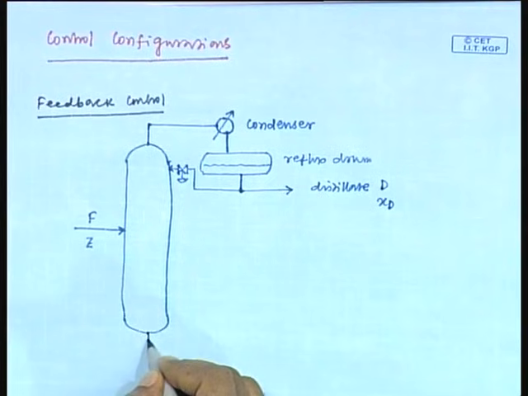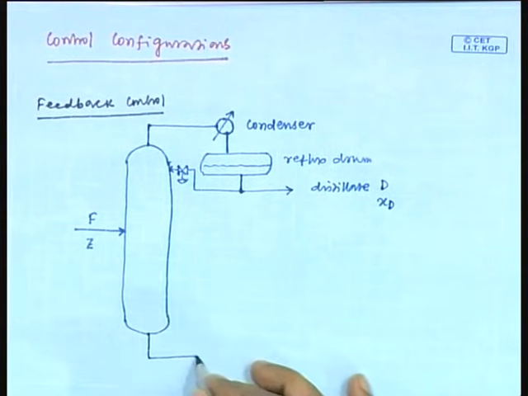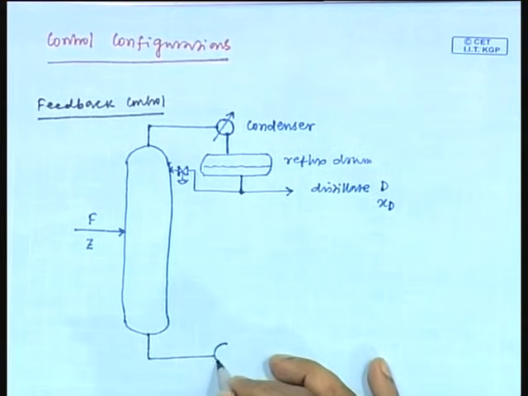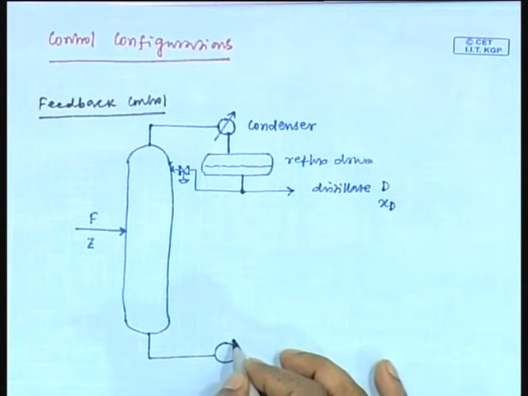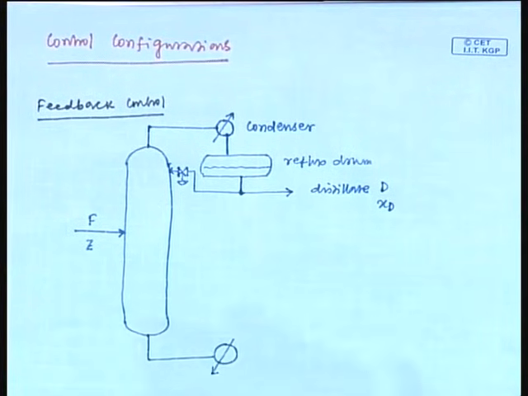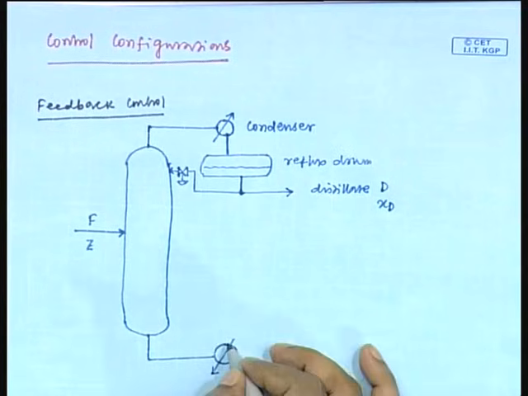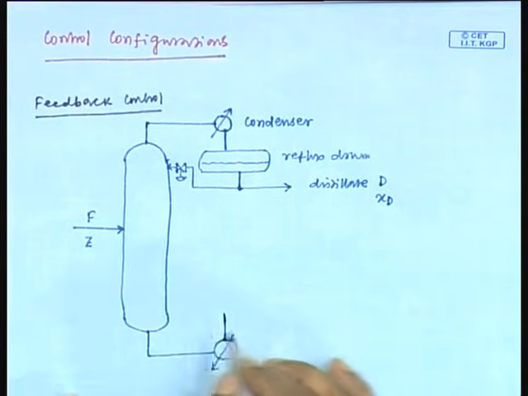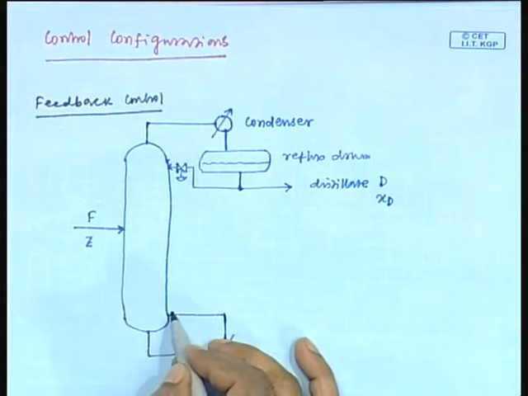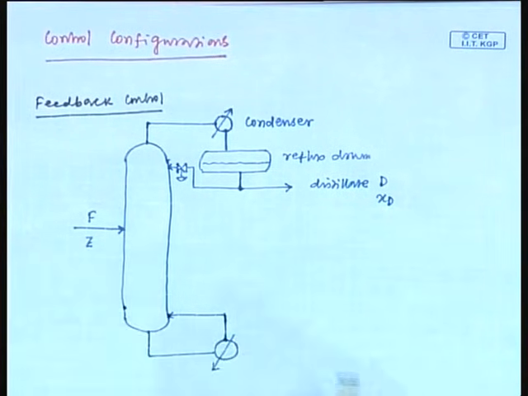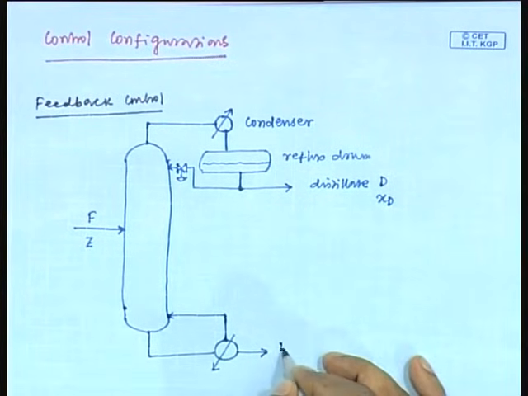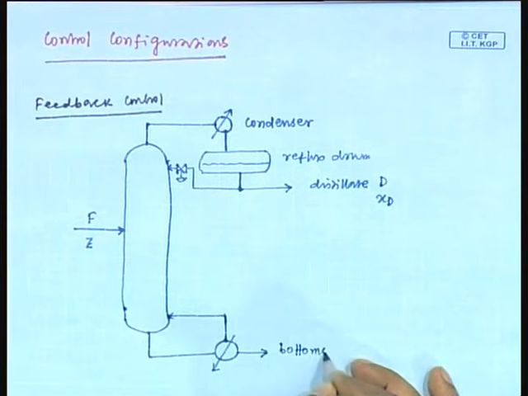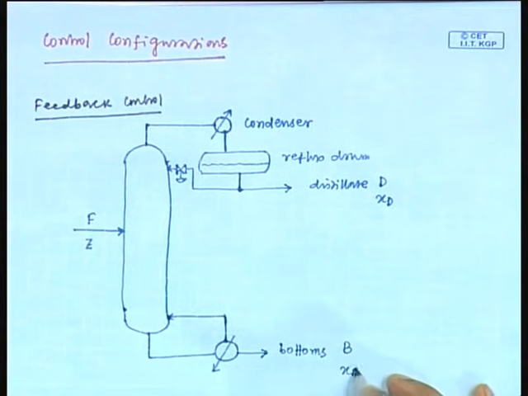Similarly, at the bottom the liquid is withdrawn and subjected to a reboiler. The produced vapor is recycled back to the bottom tray and some amount of liquid is taken out as bottoms with flow rate B and composition XB.